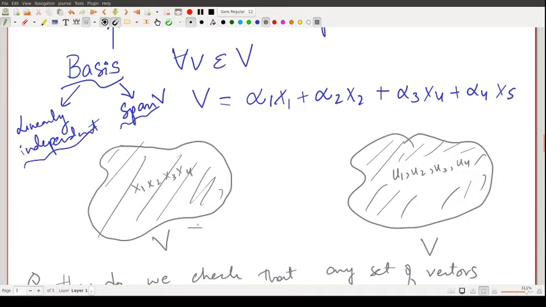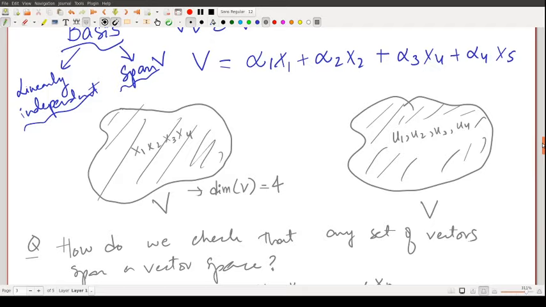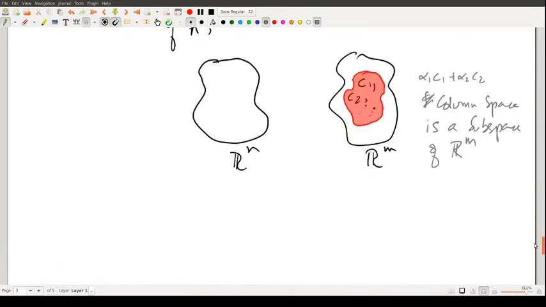Since we have 4 vectors that make the entire space, we say that the dimension of V is 4, because you just need 4 basis vectors. So the number of basis vectors that you need is just your dimension. Similarly, we know that the dimension of Rn is n, and the dimension of Rm is m, because you need m basis vectors for this one and n basis vectors for this one.